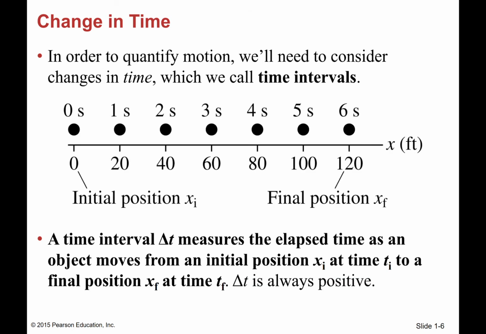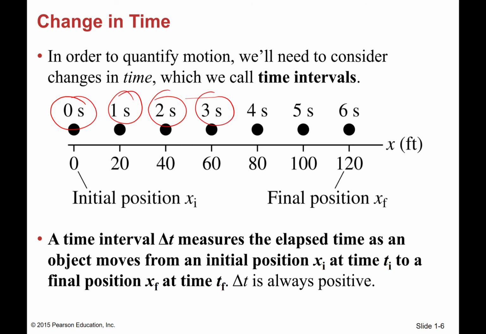The change in time is defined similarly. So in here we have a motion diagram, and then we have the different frames in the motion diagram labeled. That is important. That is how we attach numbers to time.